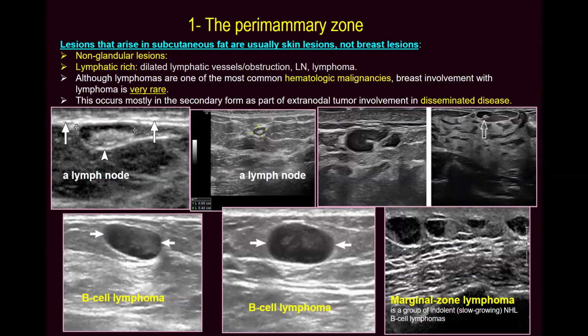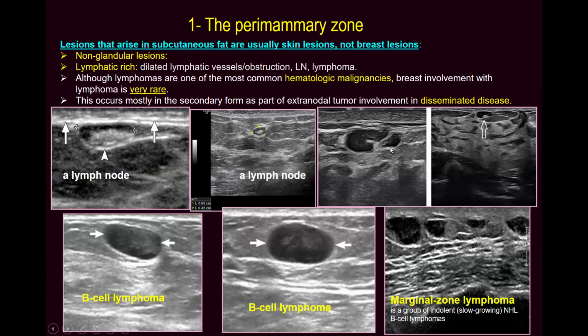Lymph nodes, you see, are one of the commonest lesions. They are seen in the superficial breast. This is a normal lymph node, okay?